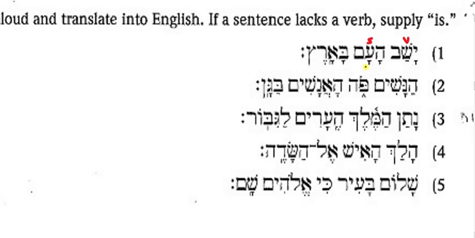Ha'am yashav is what? The people dwelled. Good. And where? Ba'aretz? In, okay, is it in a land or in the land? The. How do you know? There's no article here.